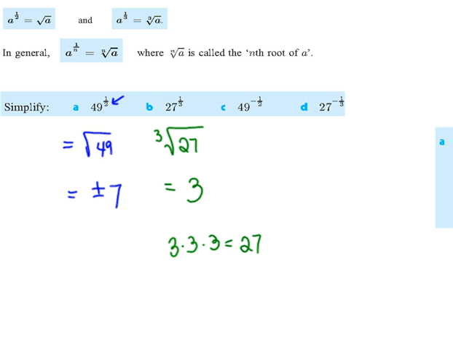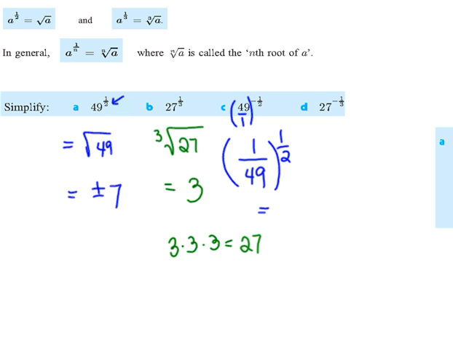Okay, so now we're dealing with negatives and roots. So first of all, the negative is going to basically reciprocate what we have here. It's going to make it 1 over 49 to the 1/2. You could leave this 1/2 outside if you wanted, like this. Or you can think, okay, let's finish this.